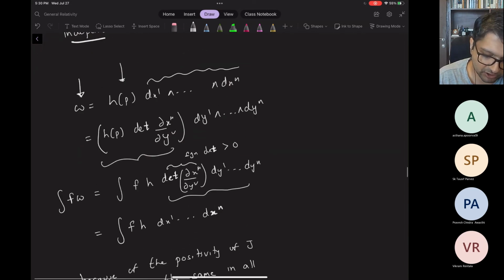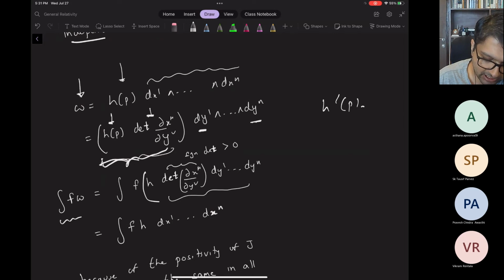Under a change of coordinates, it becomes h of p times the determinant of partial x mu partial y nu, times dy1 wedge dot dot dot wedge dyn. So the integral of f omega under a change of coordinates becomes, with the new h prime of p, which is h times this determinant, an integration dy1 dot dot dot dyn. And if we use the y coordinate system, then our definition tells us this is the integration we need to do.